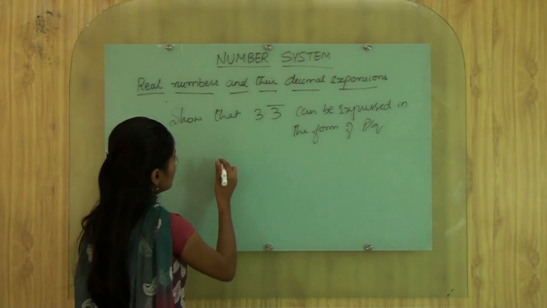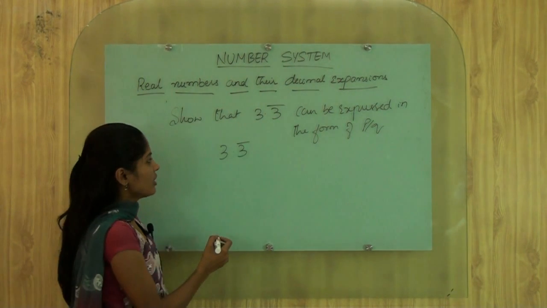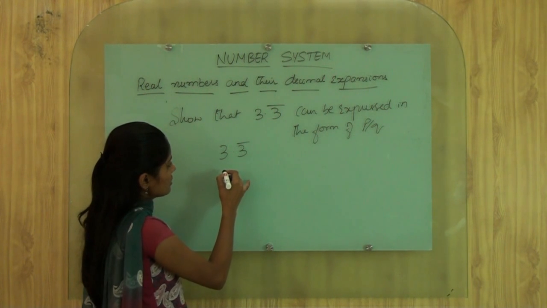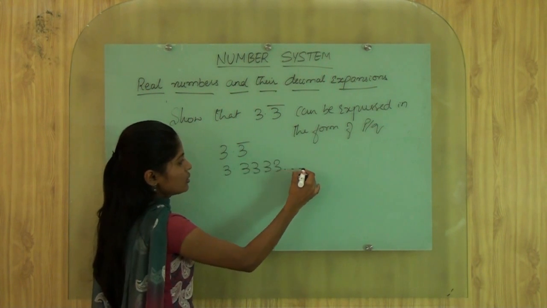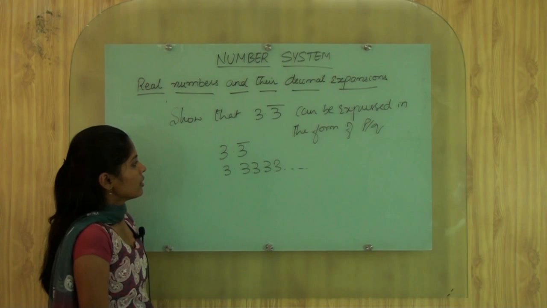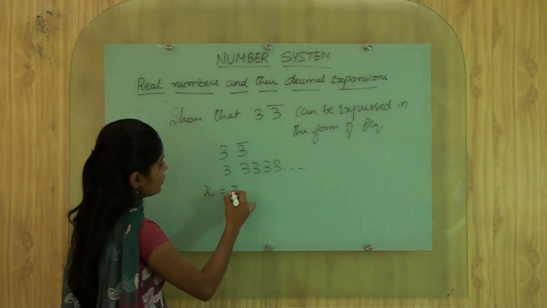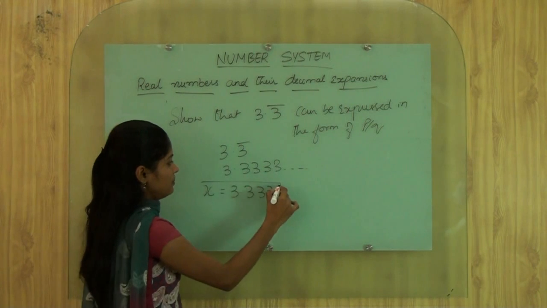Let's consider the number 3.3 bar. We can write it as 3.333 and so on. Will you agree? Let's take x is equal to 3.333. Assume.